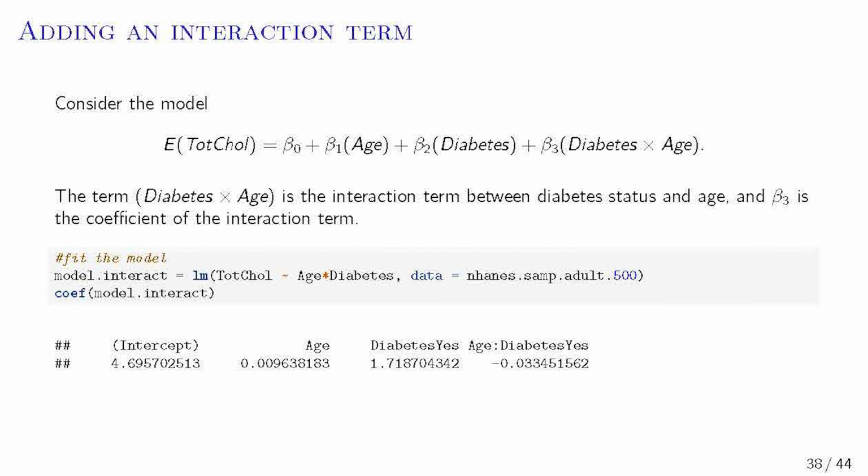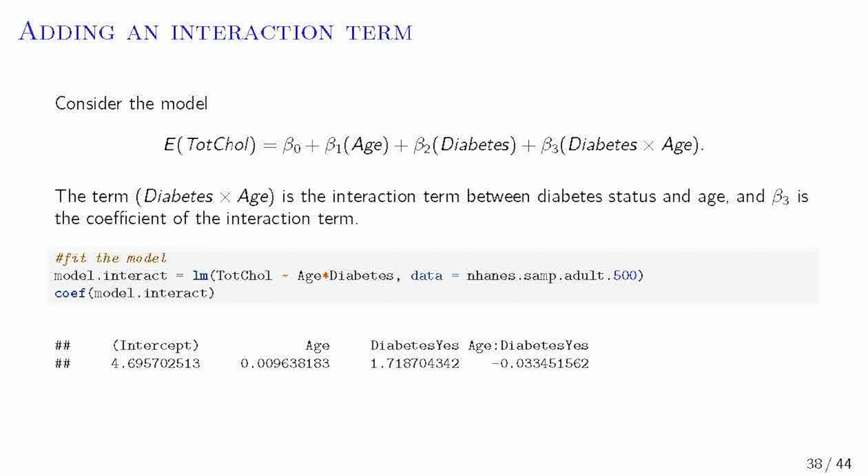So let's find a way to modify the slope variable. And we can do that if we change the model from expectation of total cholesterol is equal to beta naught plus beta 1 age plus beta 2 diabetes to plus beta 3 diabetes times age.